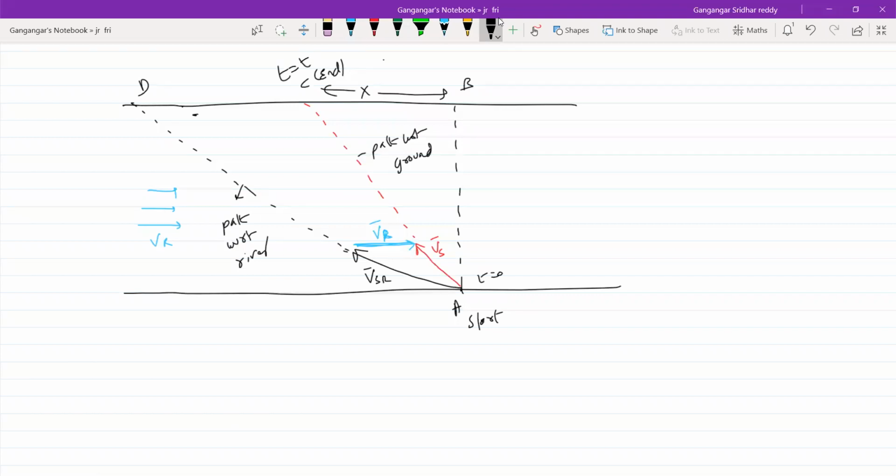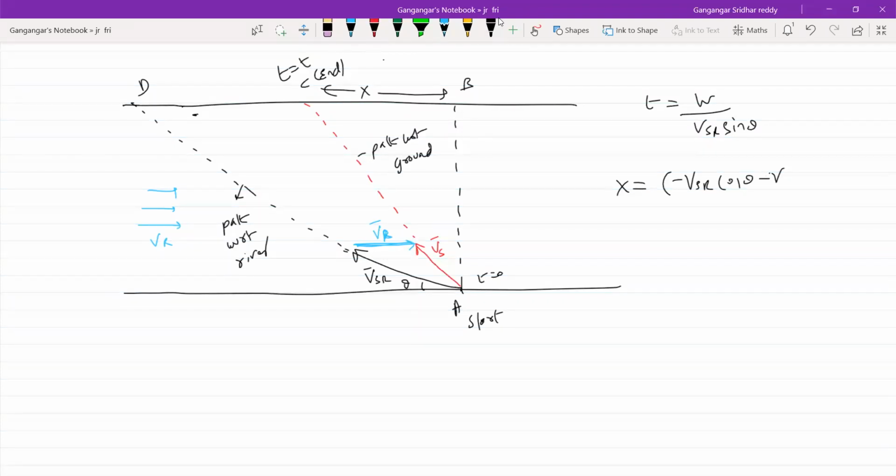Now let's write the expression for crossing the river. Let this be theta. So directly shall I put W by VSR sin theta? What about the drift? X equal to VSR cos theta. Both will be negative. Directly I'm writing.